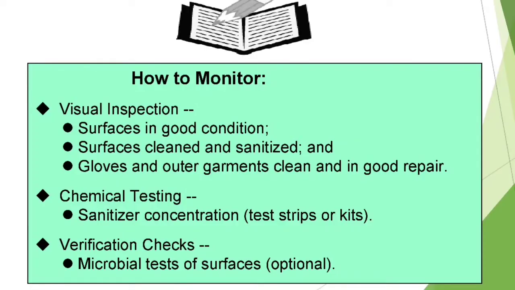And how to monitor? Visually we can monitor whether food contact surfaces are properly cleaned or not, and visually monitor their condition, whether any damages, crevices or rough surfaces are there or not. Chemical concentration we can monitor by the strip method.